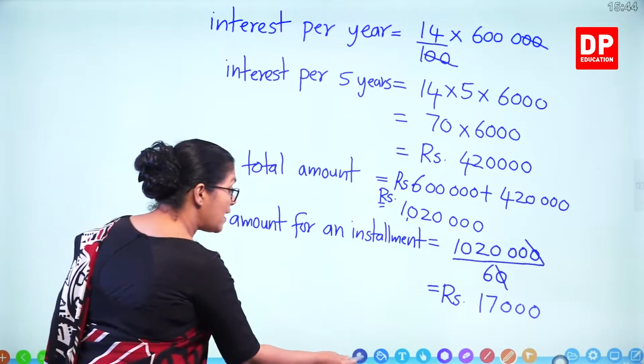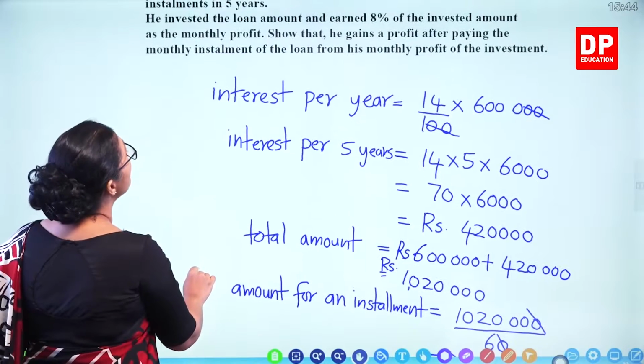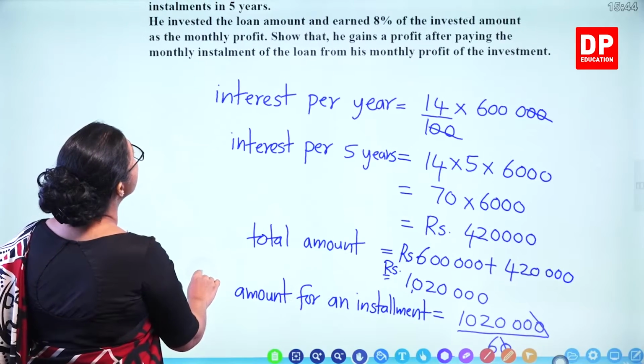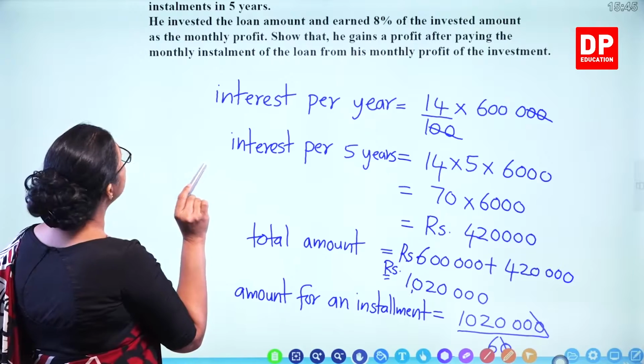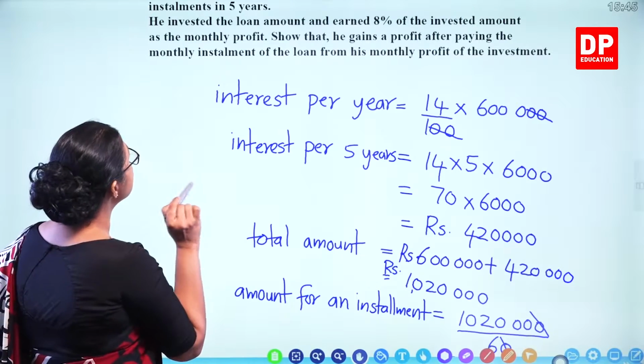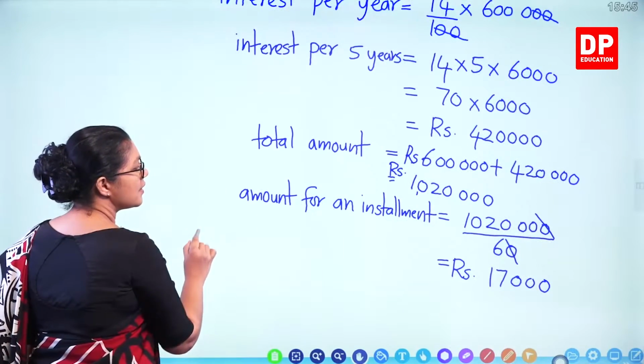Now he is investing this in a bank and getting 8% monthly profit.